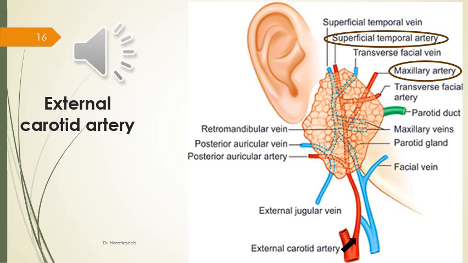You can see the external carotid artery again with a schematic image. The red one is the external carotid artery. When it goes upward, it divides into two branches, superficial temporal and maxillary artery.